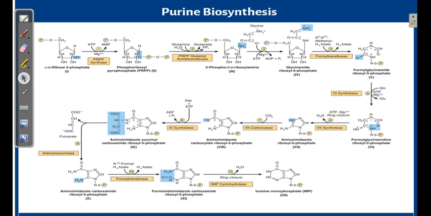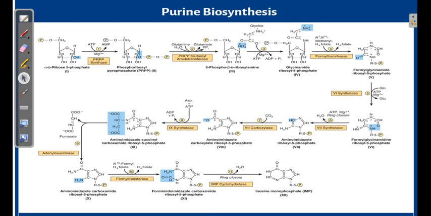So if we see purine biosynthesis, the purine nitrogen bases are basically adenine and guanine. The starting point is ribose 5-phosphate, and we are not going to discuss all of the steps of this entire biosynthetic pathway, only those which are important to understand the functioning of HAT media.